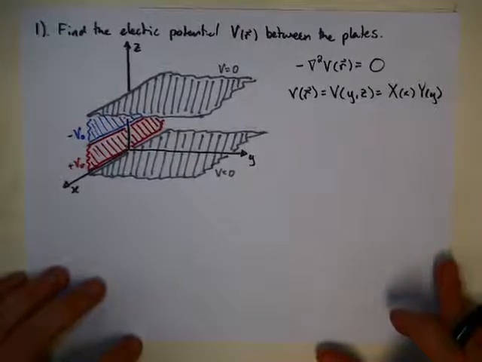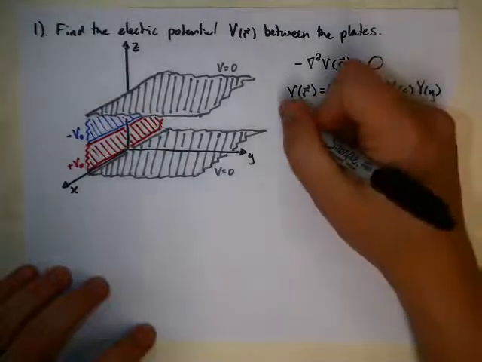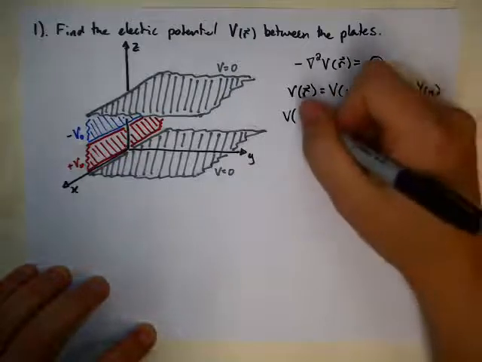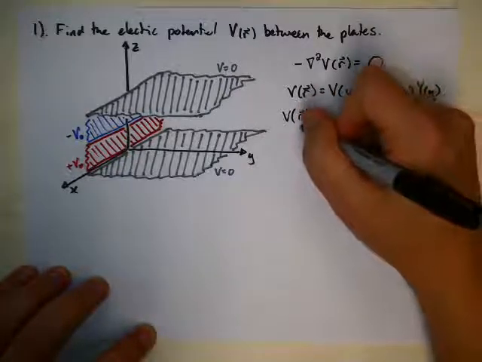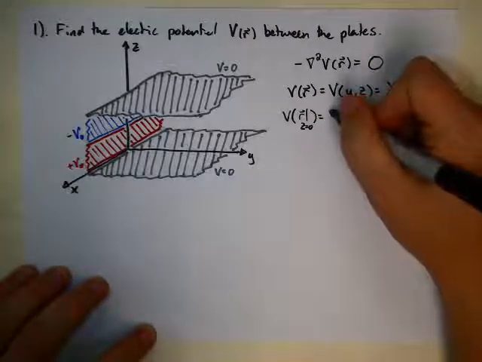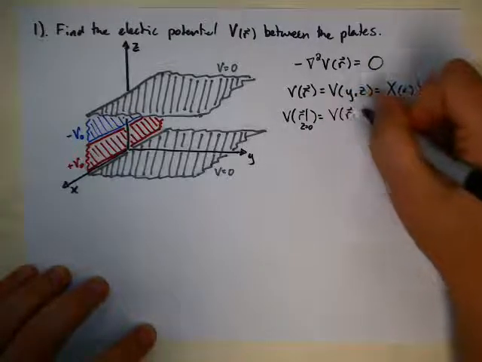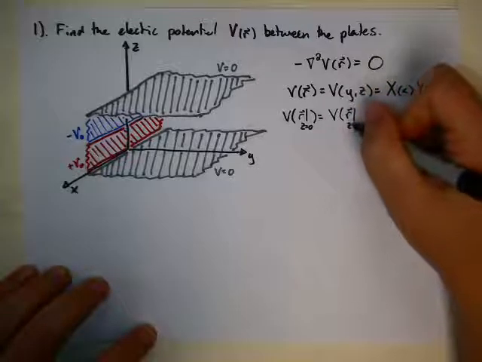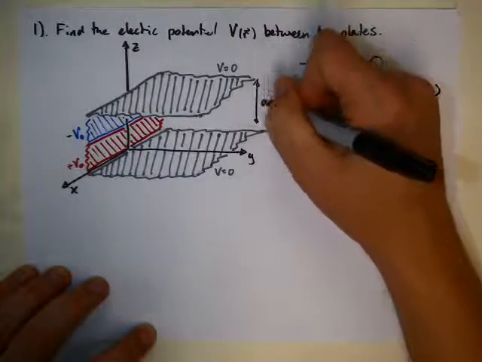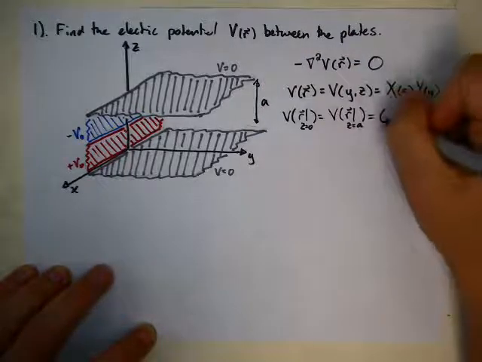Now for the boundary conditions, we're going to have that V at z equals 0 must equal V at z equals a, where the separation between the plates we'll label as a, equals 0.